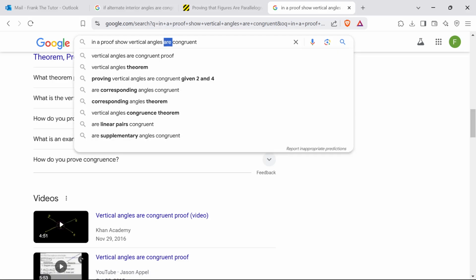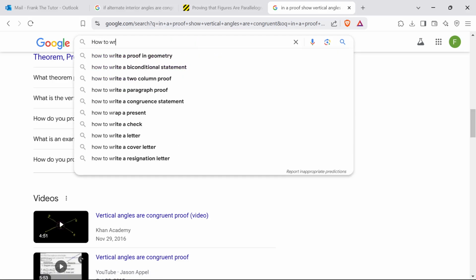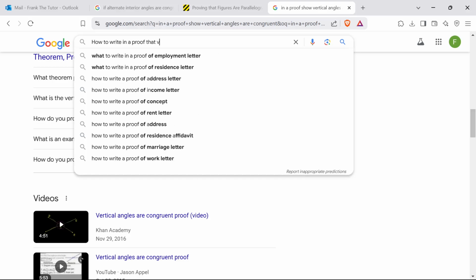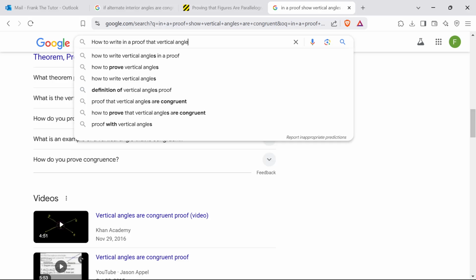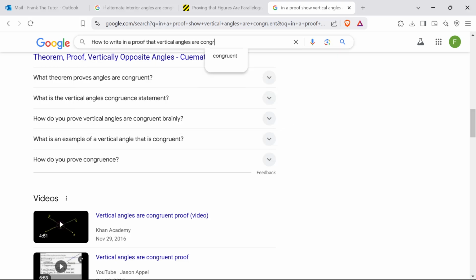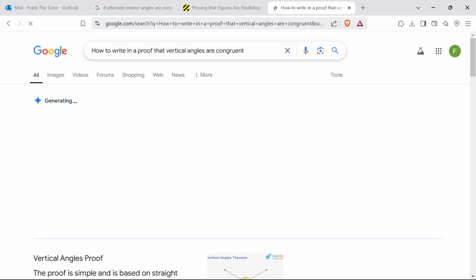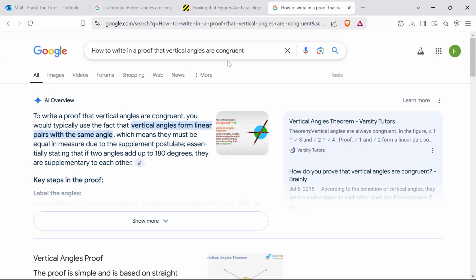How to write in a proof that vertical angles are congruent.